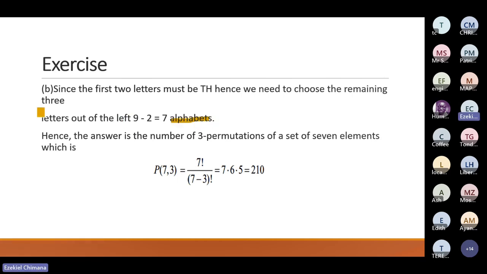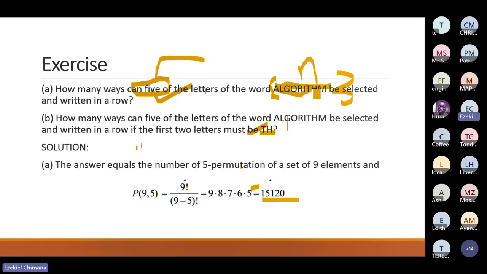So here we have algorithm, but we are going to remove this th and put it aside, and then you're left with 1, 2, 3, 4, 5, 6, 7.